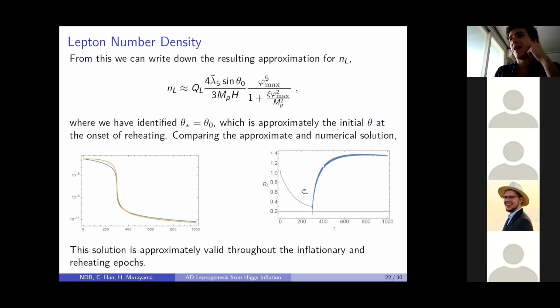And if you want to consider the ratio, comparing these values, they're very good at the beginning of inflation, but this changes a little bit because there's some change in theta naught and there's some change in H, which I don't really take into account in this approximation.